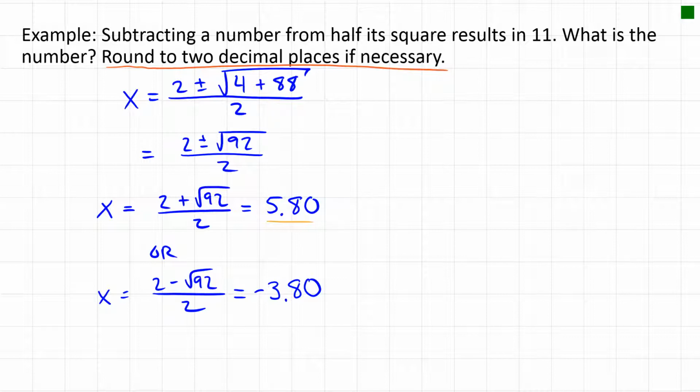So if I take 5.8 and I square it, and then I divide that value by 2, I get 16.82, and then I subtract 5.8 again, I get 11.02. So I don't get 11 like this problem says I should. So by subtracting 5.80 from half of its square, I got 11.02.